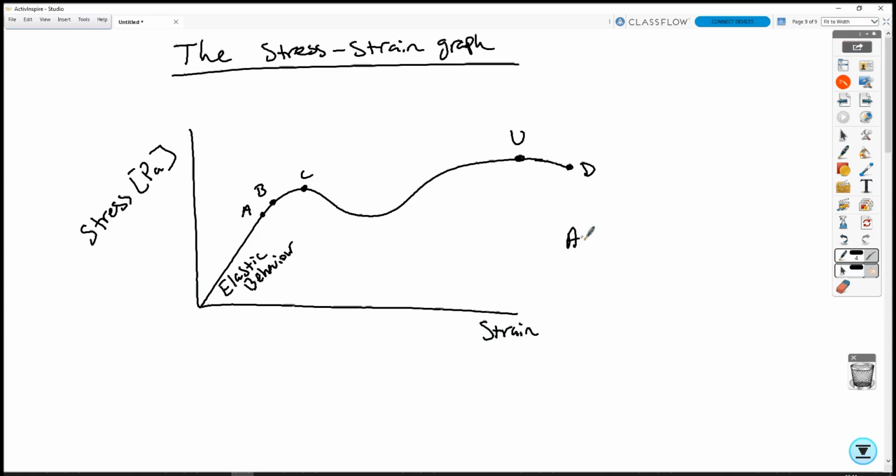Then A is the limit of proportionality. This is where the graph stops being a straight line. B is the elastic limit. At this limit and past it, the wire will be left with permanent deformation.